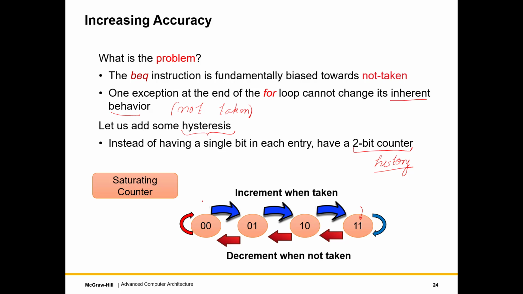So this is why the counter is set to saturate at both the maximum as well as the minimum values. And as I said, when we increment, we go in this direction, and when we decrement, we go in this direction.